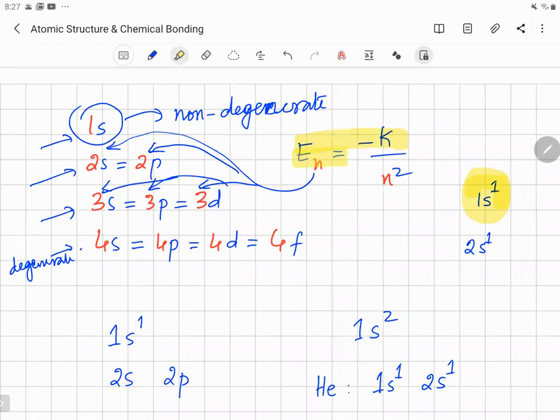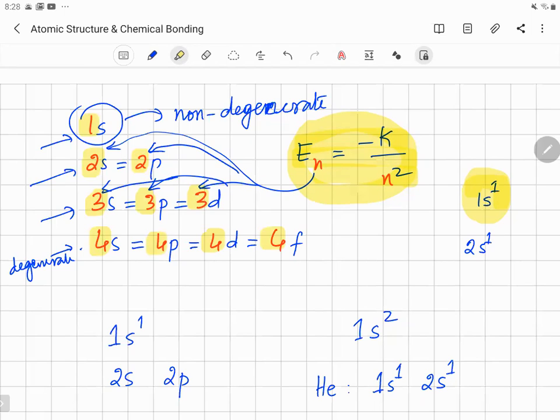The reason is this energy relationship. You know that the energy of the hydrogen atom depends only on the principal quantum number n. It doesn't depend upon the azimuthal quantum number l. So all these marked numbers are principal quantum numbers, and hence the energy depends on these only.